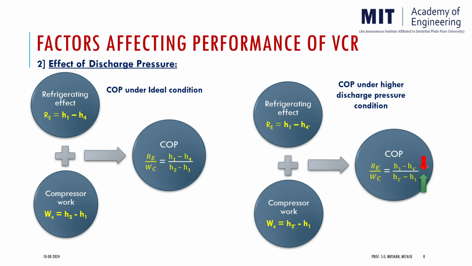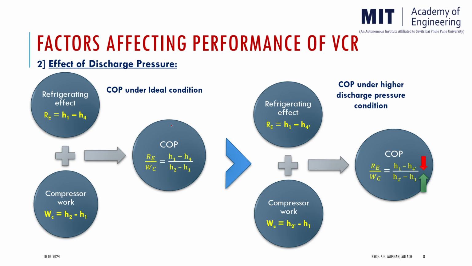So when the numerator is decreasing and the denominator is increasing, the final result is that the COP will decrease. So here also, under high discharge condition, the COP value will be lesser than the COP under ideal condition.